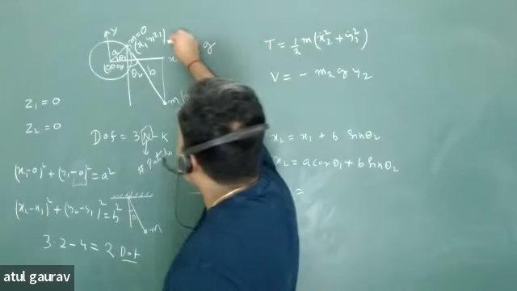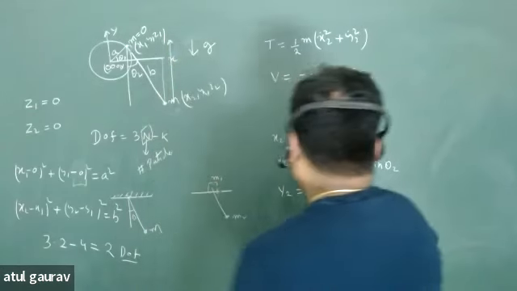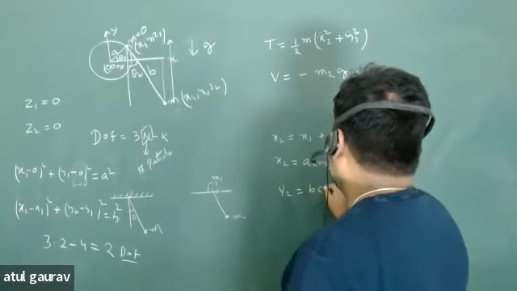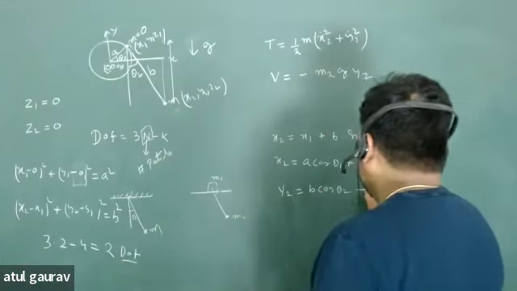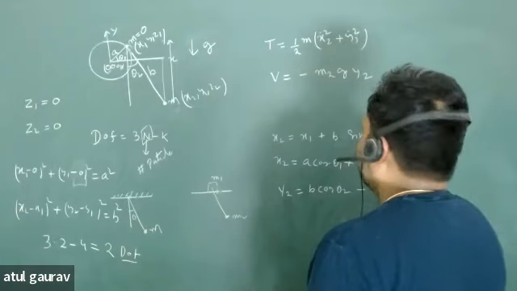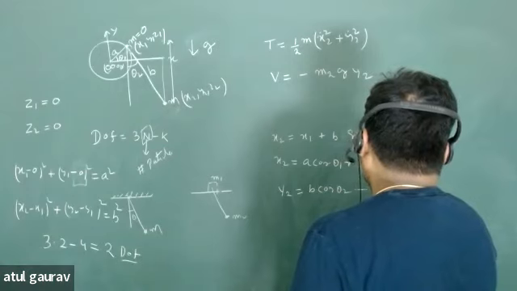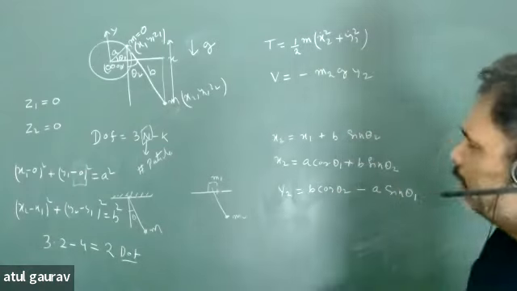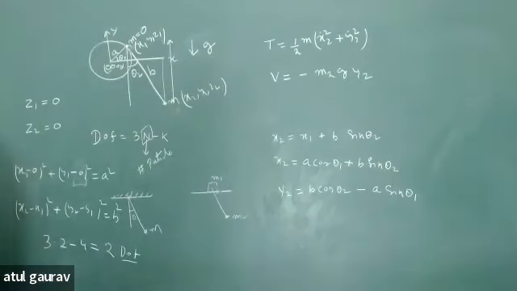So what is this distance? B cos theta 2 minus a sin theta 1. Just look, am I correct or wrong? Correct.